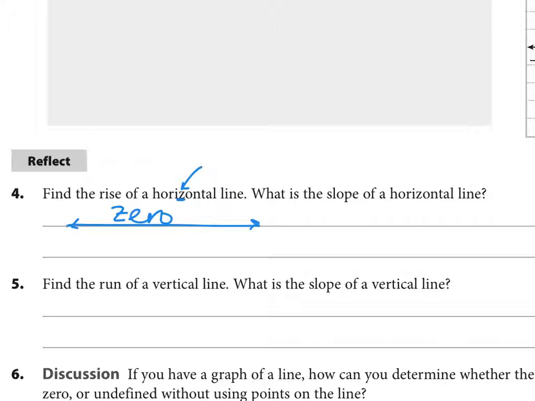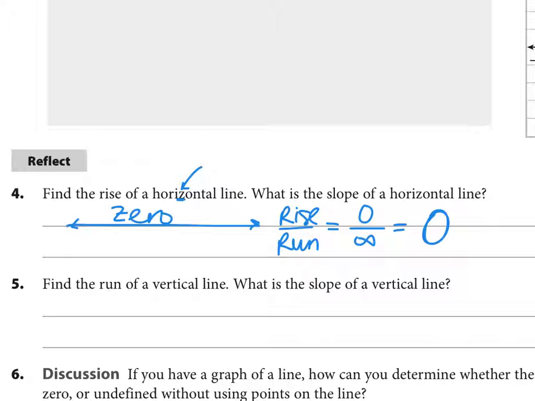But what I want to show you is that on a horizontal line, you're not rising any. So if we write rise over run, this is going to be rise 0, and then run, you could run however much you wanted to. You could run an infinite amount if you wanted to, run 5, run 7, whatever. If 0 is on the top, though, this equals 0.